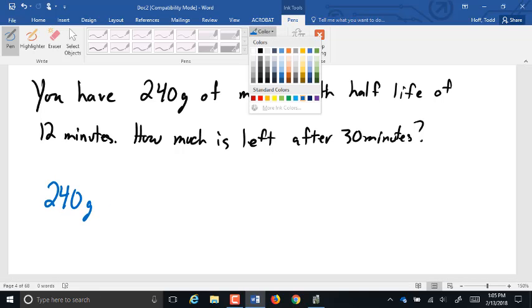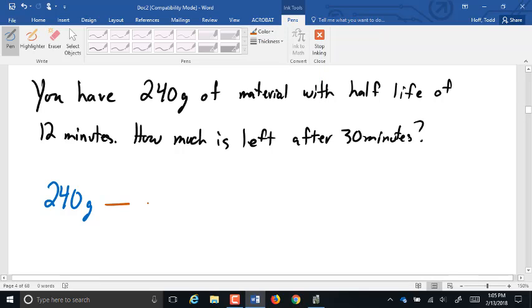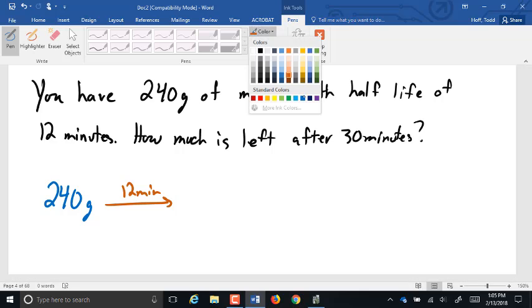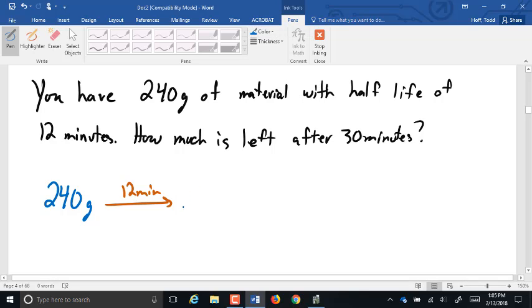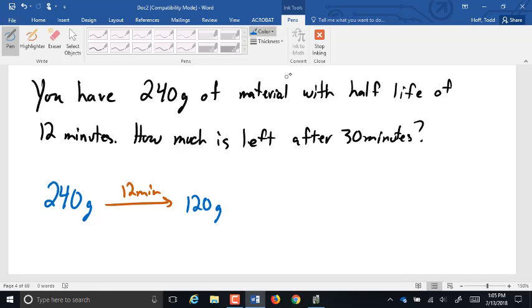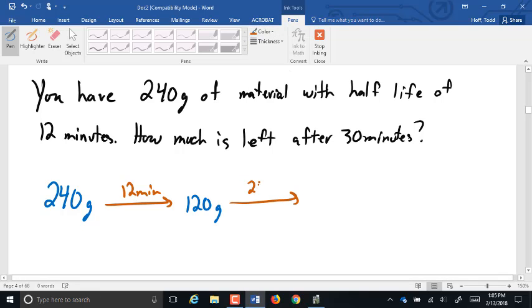Our half-life is 12 minutes. So after 12 minutes, how much should we have left? 120. After another 12 minutes, or a total of 24 minutes, how much should we have left? 60.